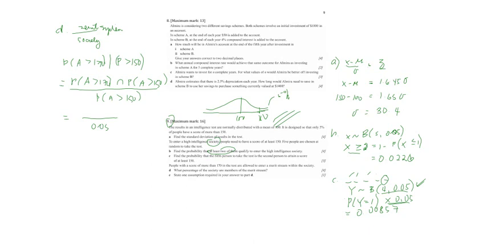And we're looking for the probability that A is greater than 170. So you can use your GDC under normal distribution, and this will give you 0.0107.